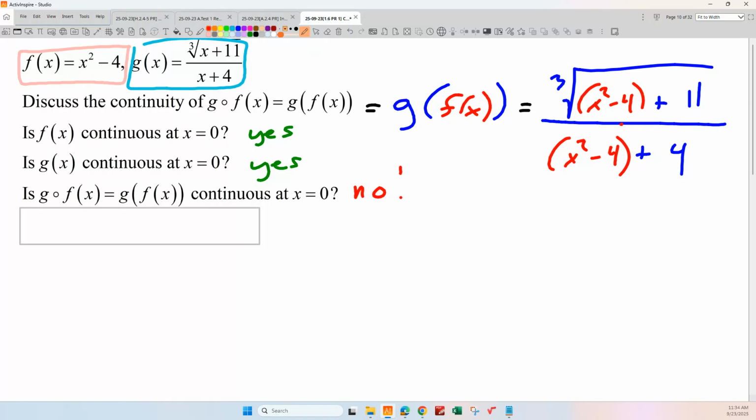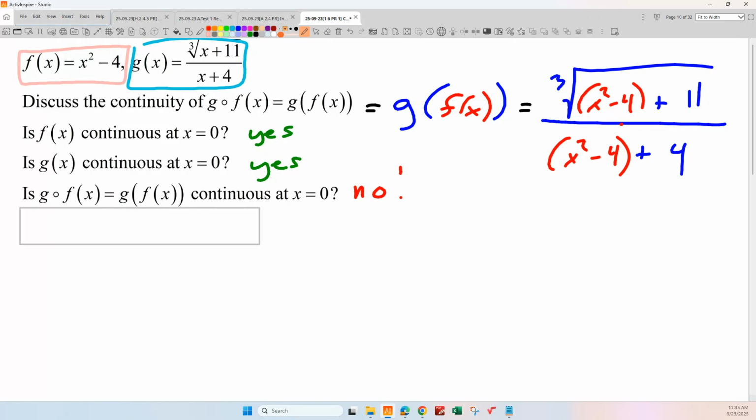The outputs of f are what g sees as its inputs. So to determine if g of f of 0 is equal to 0, there are really two parts. I have to input 0 into f, and its outputs become the inputs for g. And f of x gives an output that g of x can't eat, because it divides by 0.